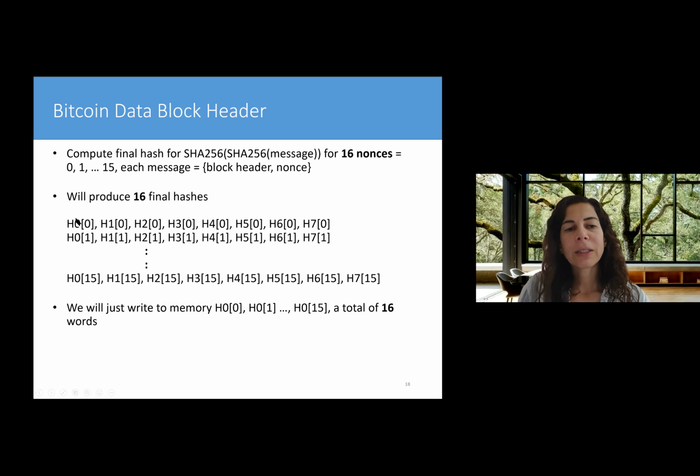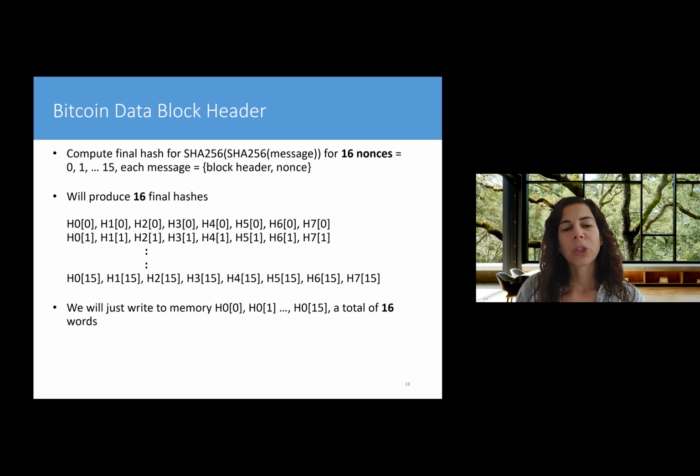Then we get these 16 values, H0, H1, H2, all the way to H7, which are the output of the hash, and we get these 8 words of output for the 16 nonces that we have.